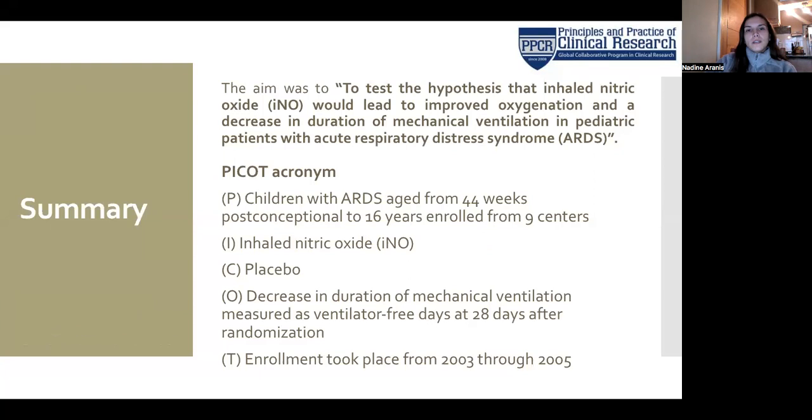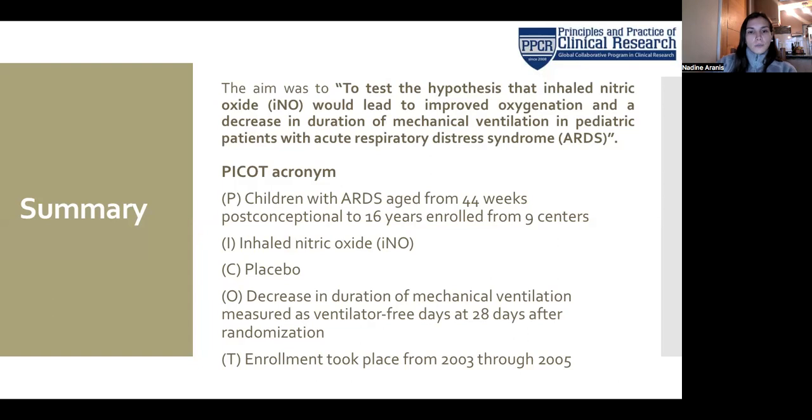As a summary, the aim of this article was to test the hypothesis that inhaled nitric oxide would lead to improved oxygenation and a decrease in duration of mechanical ventilation in pediatric patients with acute respiratory distress syndrome. The PICOT acronym: the population is children with ARDS aged from 44 weeks post-conceptional to 16 years, which were enrolled from 9 centers of the United States.